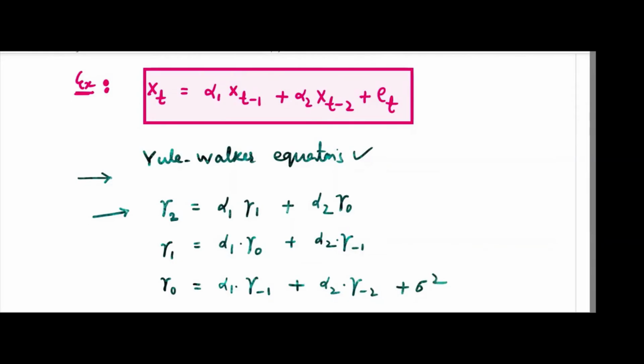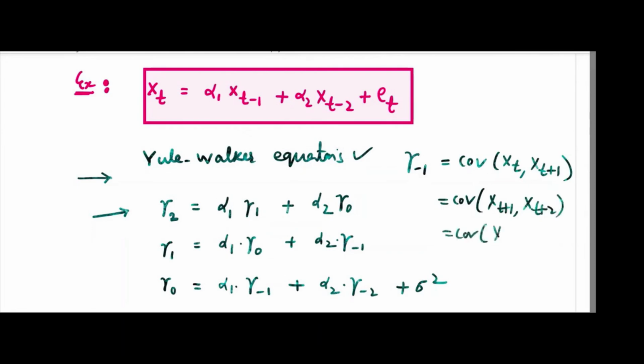Now considering that, suppose I have written gamma minus 1, that is actually covariance of xt plus 1 and xt plus 2, lag 1. Whatever you want, you write x5, x6, x5, x4, it doesn't matter. You will get 1 or minus 1.